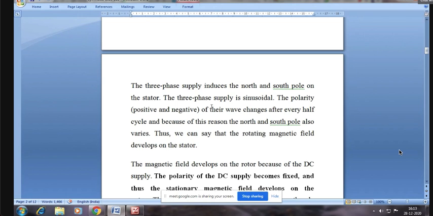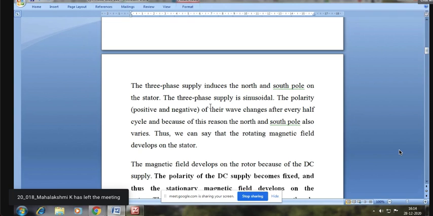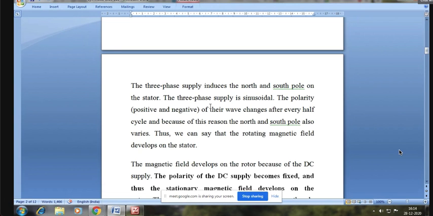And this means that the magnetic field which is so induced will be rotating in nature. Is it clear? Now at this point, you just remember this and you can go through this article leisurely after some time. When I apply three-phase voltage to the armature, it results in a rotating magnetic field. And that is what we have in the stator. Is it clear now?